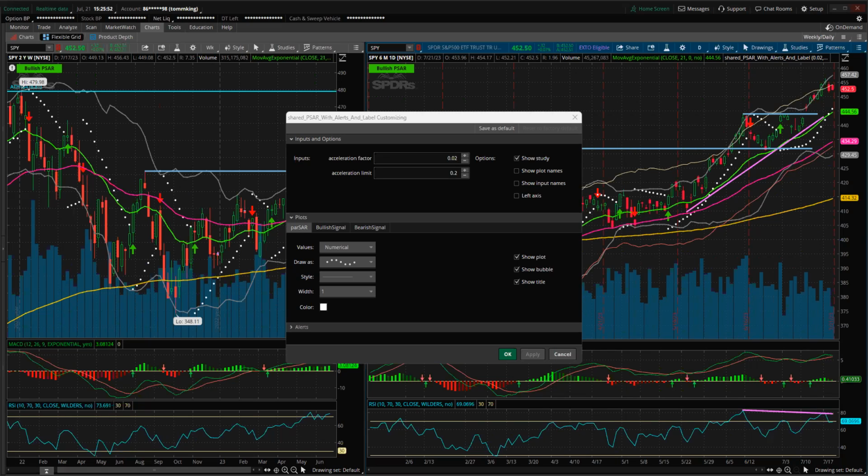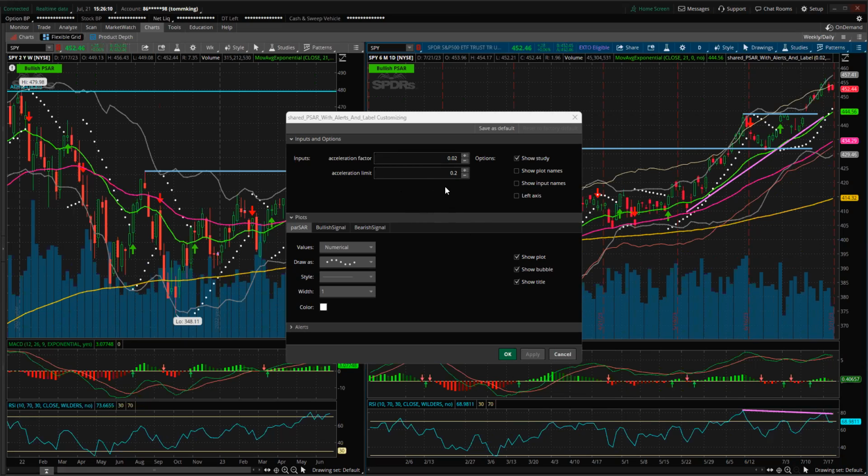So it's called the parabolic SAR indicator. Essentially, it's a really good indicator for identifying direction of price trend, and then again, potential entry or exit points, or places that you could set stops before something reverses.